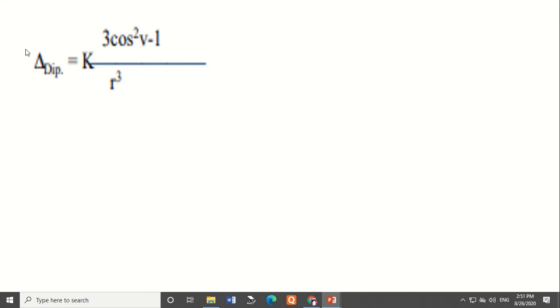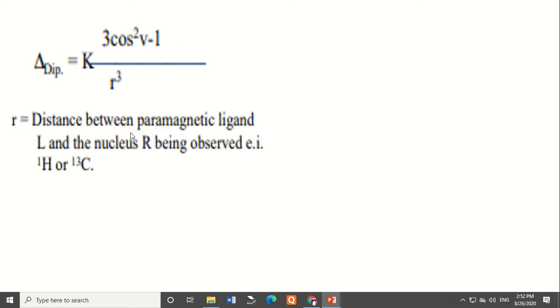Friends, the chemical shift is shifted by using a shift reagent. But how much is the chemical shift shifted? It can be calculated by using the following formula, that is, delta dip equals K into 3 cos square theta minus 1 upon R cube. R is the distance between the paramagnetic ligand and the nucleus being observed, either H1 or carbon 13.